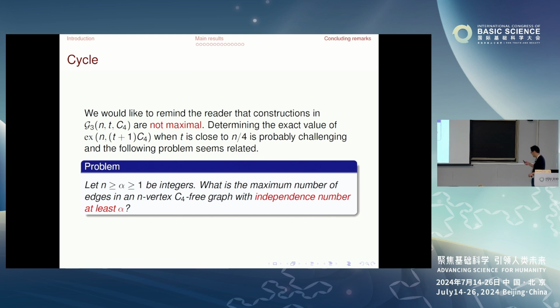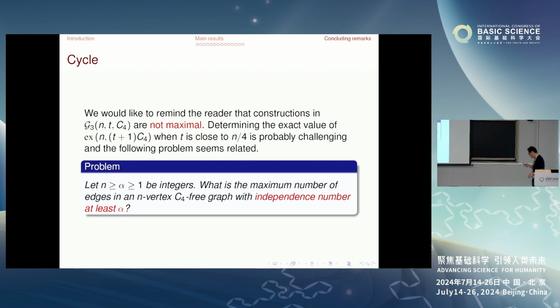But the number of edges is closely related to this one. However, we don't know the extremal graph. What is the extremal graph? This is because we didn't know the independence number of the extremal graph of C4, which I mean that we don't know the extremal graph of C4.